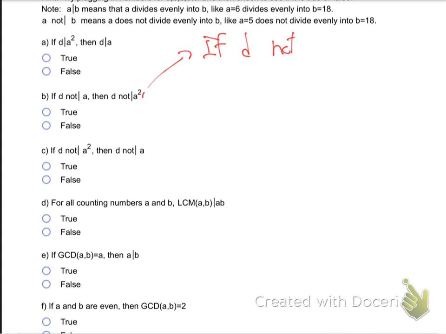If D does not go into A, then D will not go into A squared. Try that one. I'm just giving you a warning. This is a hard one. This is number 6, I think, isn't it?